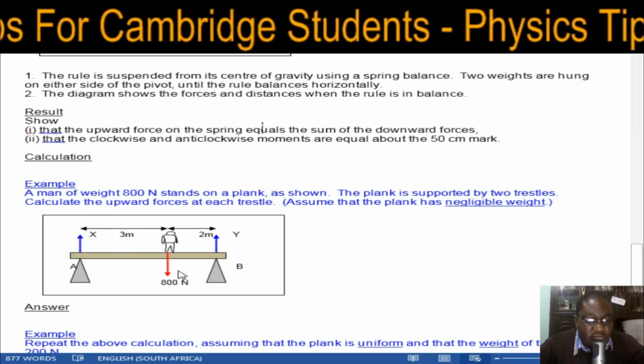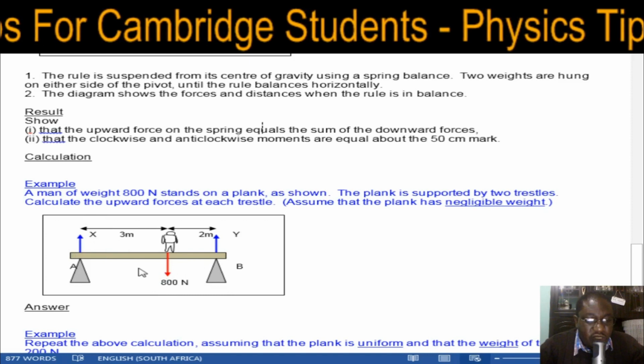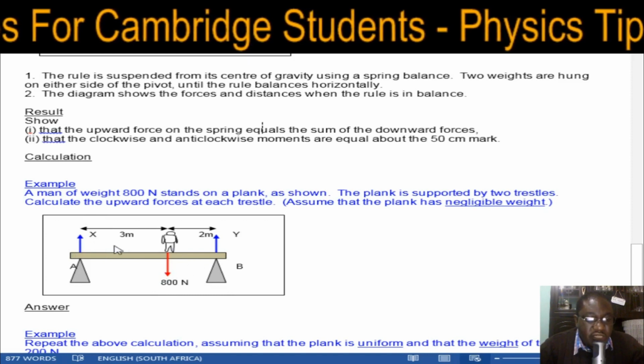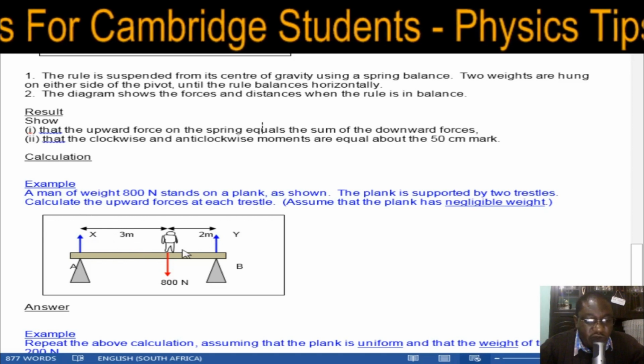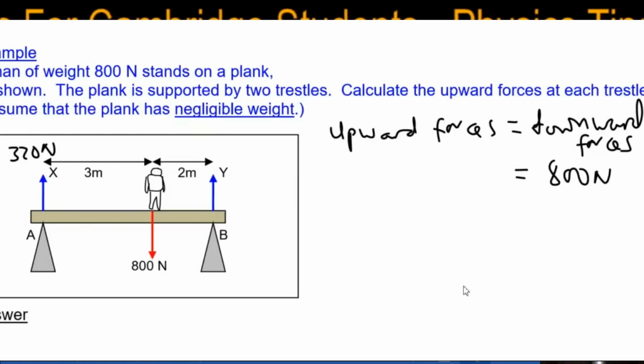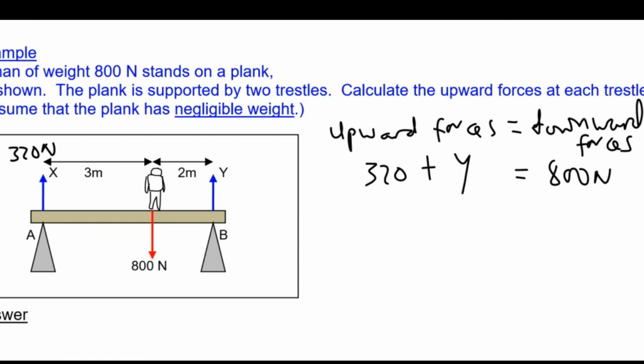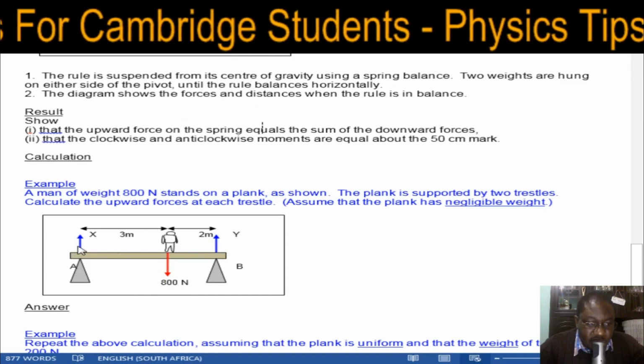Now, since the downward force is 800 newtons, this force plus this force, the upward forces, should equal the downward forces from the second condition of equilibrium. Like 800 minus this one gives you that one.